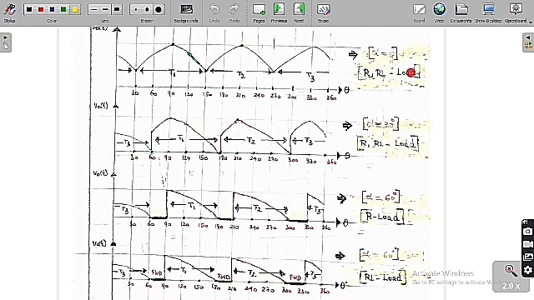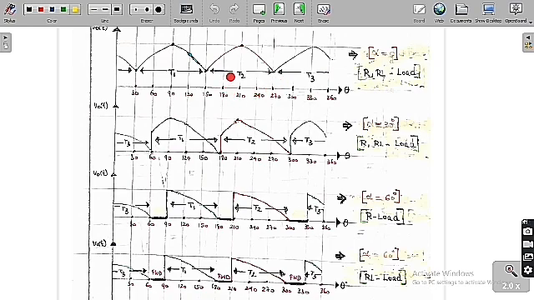So here for alpha equal to 0. I have already told you the triggering angles of thyristors T1, T2 and T3 are 30 plus alpha, 150 plus alpha, 270 plus alpha. Now with alpha equal to 0, T1 is triggered at 30, T2 is triggered at 150 and T3 is triggered at 270.